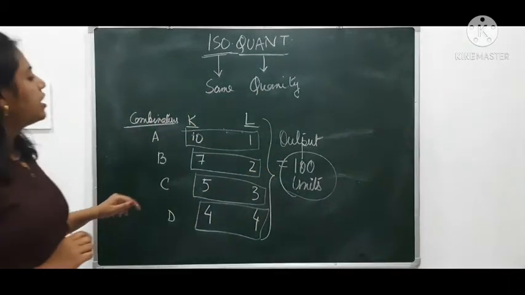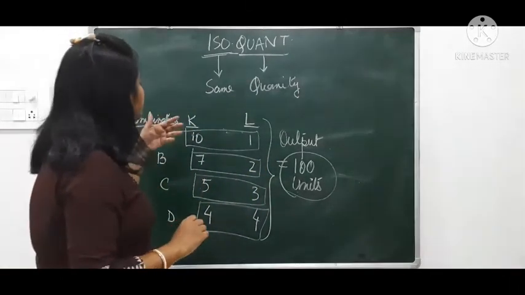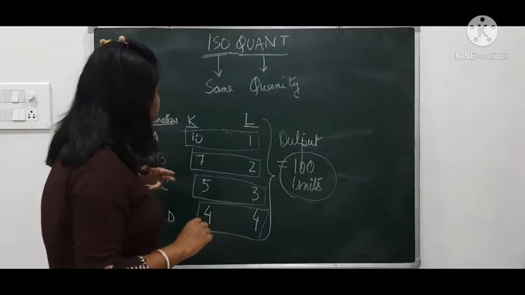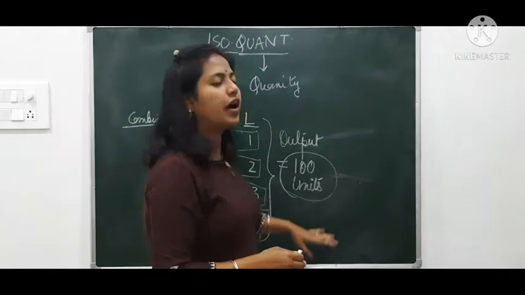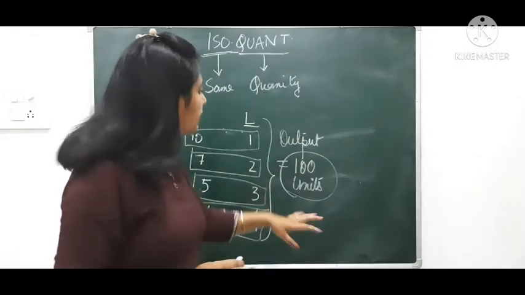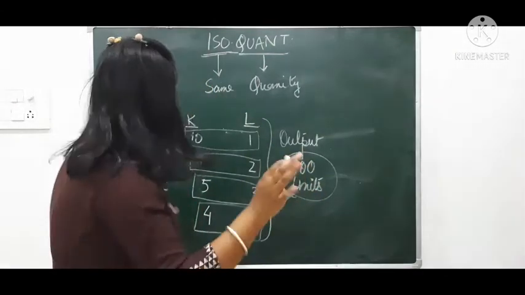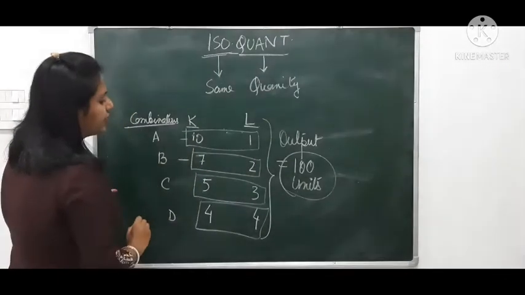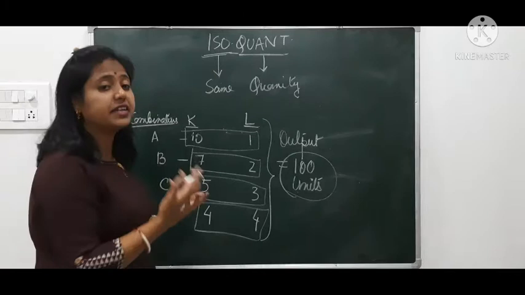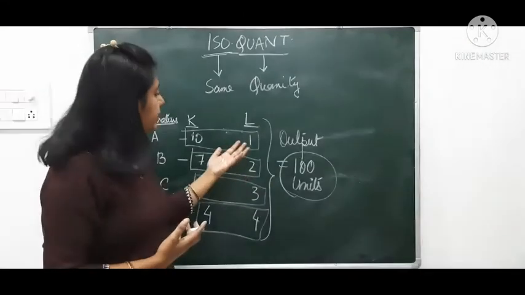Now that means whether you use this combination, this combination, this combination, or this combination, you are indifferent because it gives you 100 units only. There is no change. You can see that the first combinations, 10 and 7, are more capital intensive. You are using more capital and less labor.